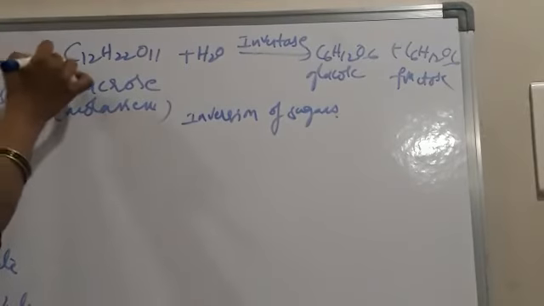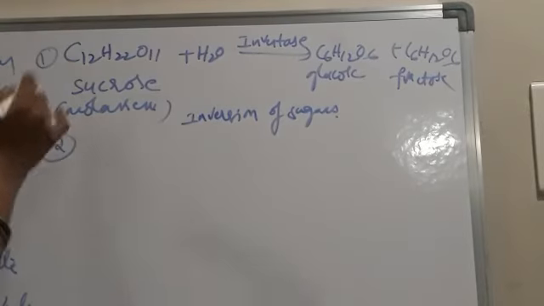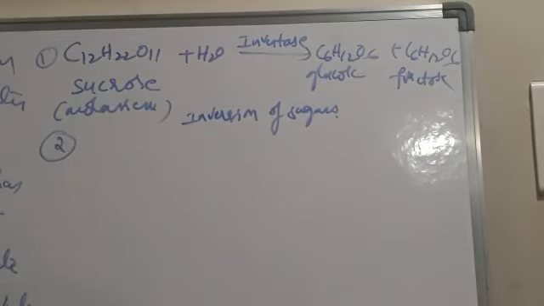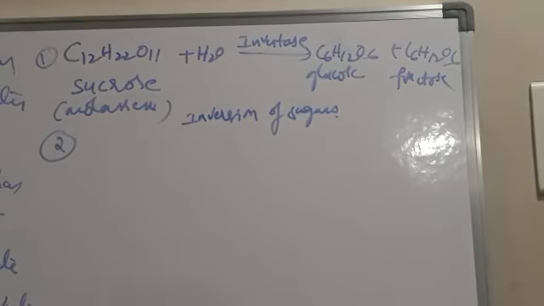In the next step, either glucose or fructose in the presence of zymase enzyme converts into ethyl alcohol. Same as in the preparation from starch, there maltose on hydrolysis forms 2 moles of glucose only, but here we get glucose and also fructose.